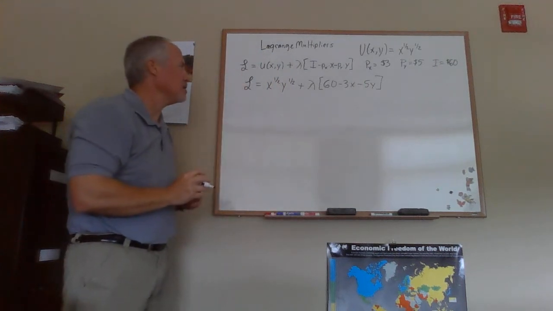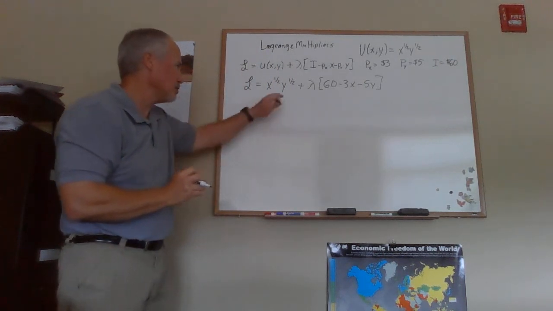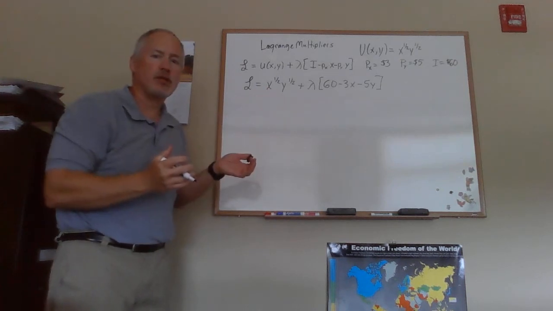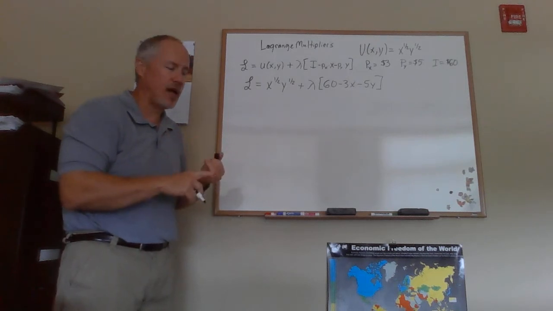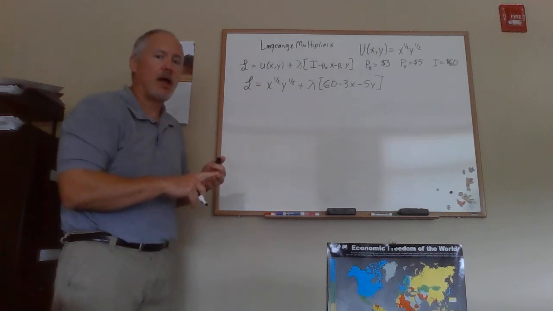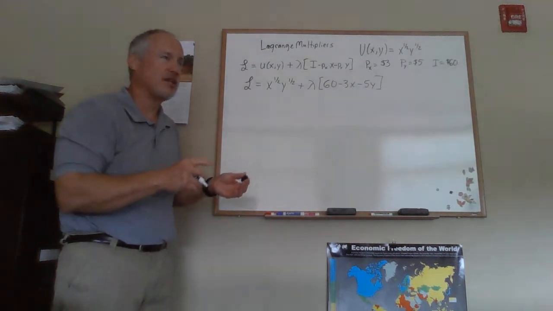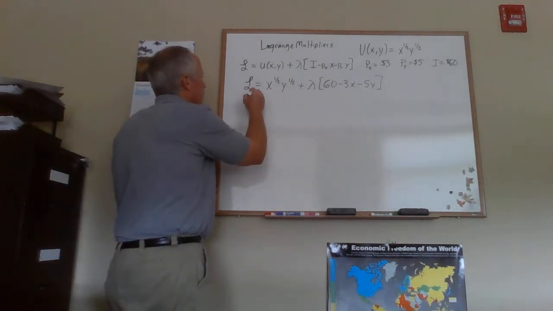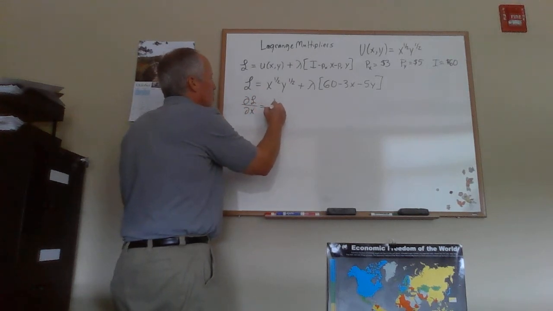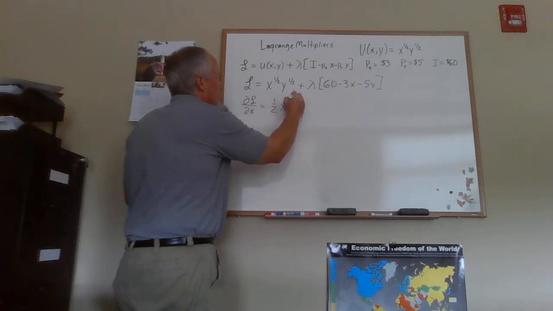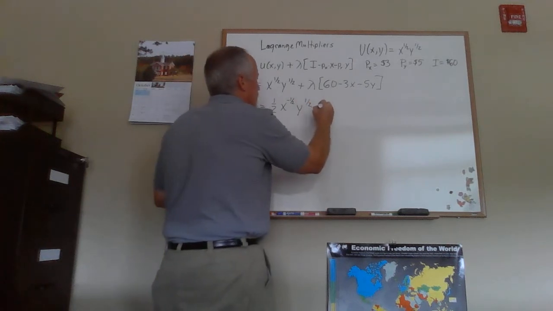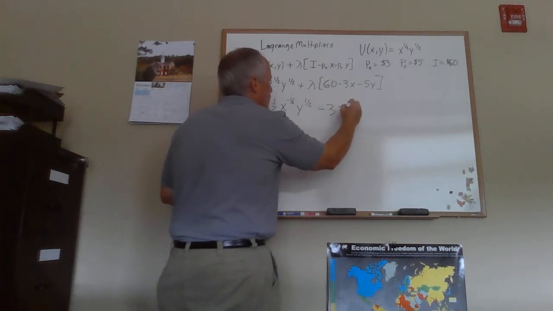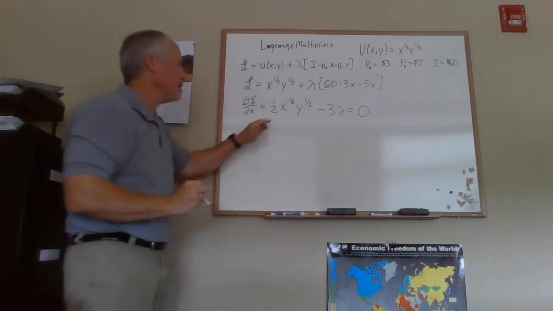Okay, so there we have the specific function written in here. And the Lagrangian function is a function of 3 variables, x, y, and lambda. And you take the partial derivatives and set them equal to 0. So the partial of the Lagrangian with respect to x is this.